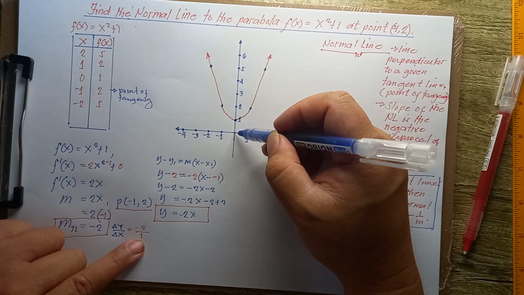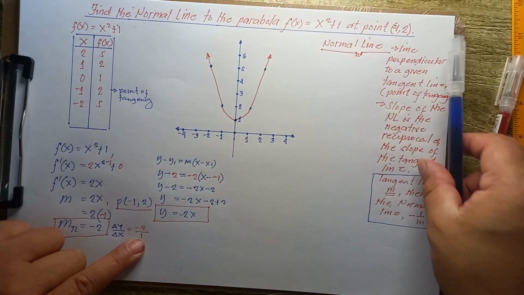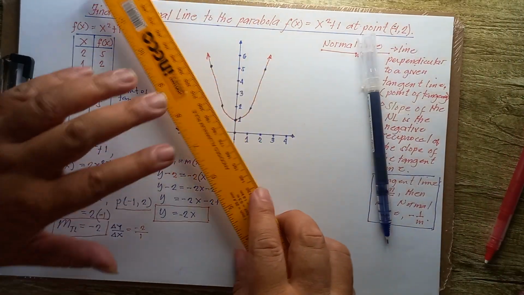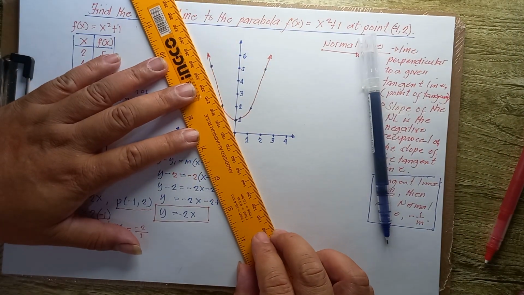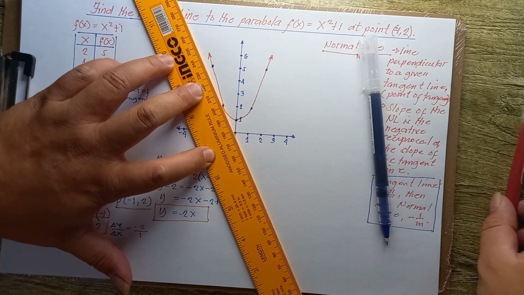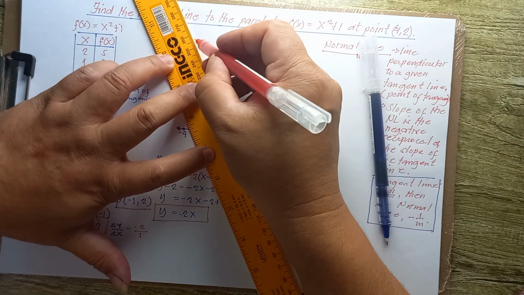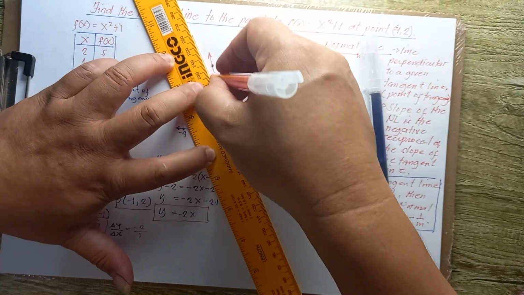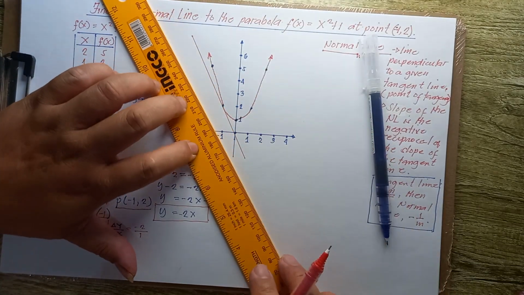So meaning to say, our tangent line is, of course, passing also the point of origin. Okay, so this is already now the point of tangency.